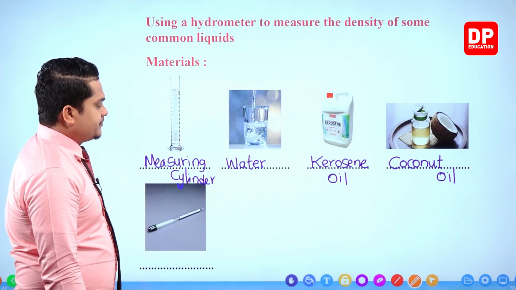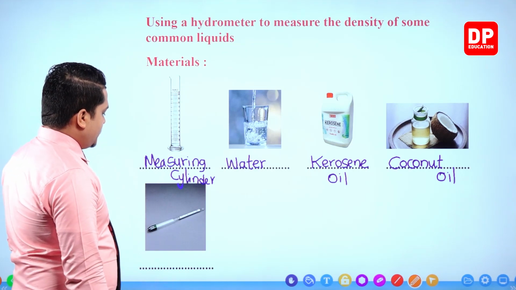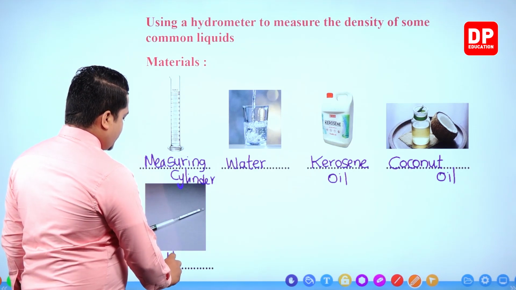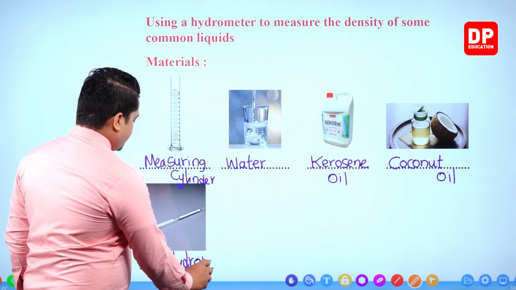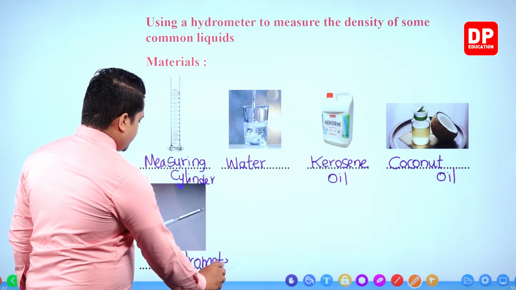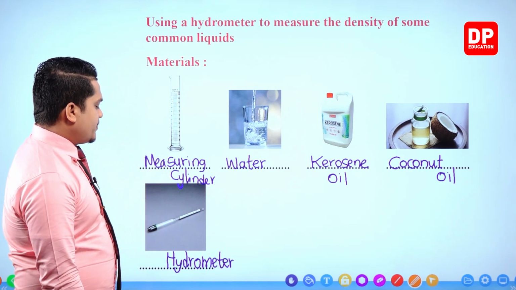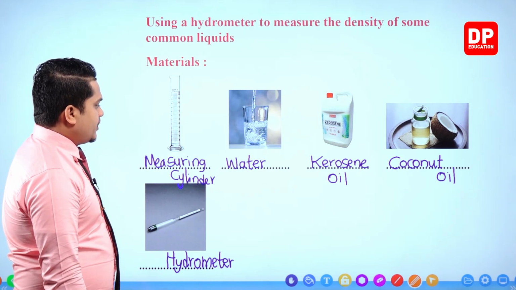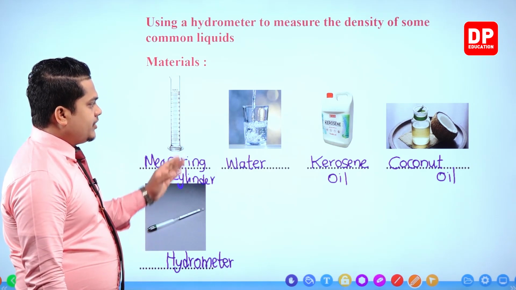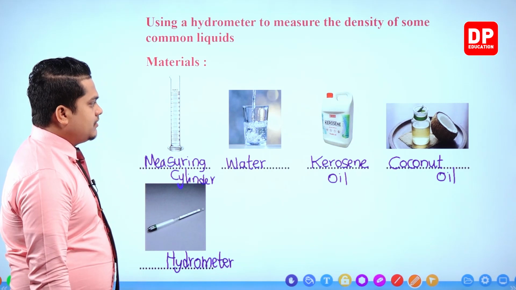Then the next one is the hydrometer. We are going to insert the hydrometer into each of these liquids and observe their density.